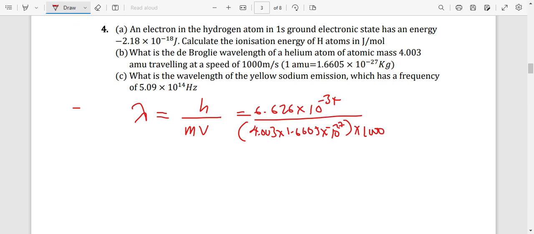We calculate the denominator, then 6.626 times 10 to the power negative 34 divided by the answer. This gives me 99.68 times 10 to the power negative 12 meters, which we can also say is 99.68 picometers.